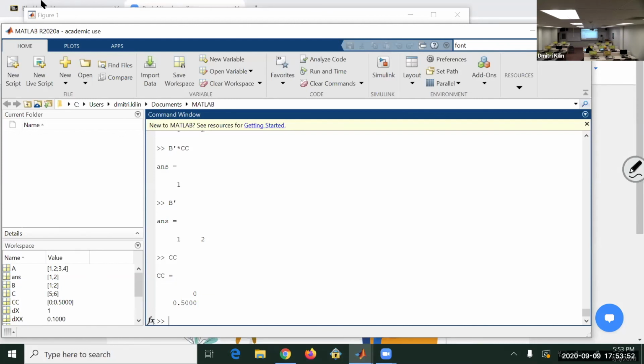We practice again row by column, right? 0 plus 2 times 1 half. If we consider these objects as vectors in two-dimensional Cartesian space, then this product would correspond just to the projection of one vector onto another, right?